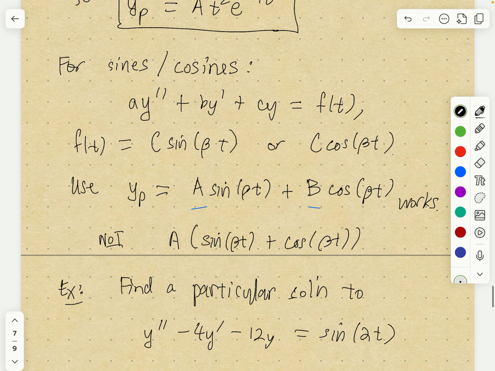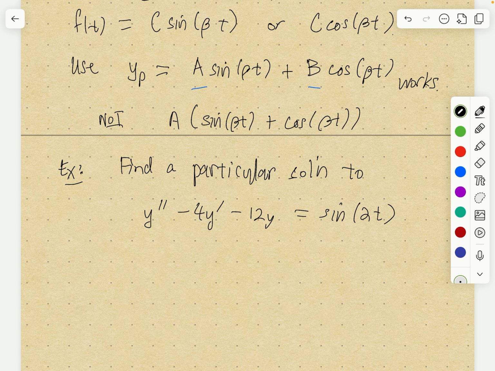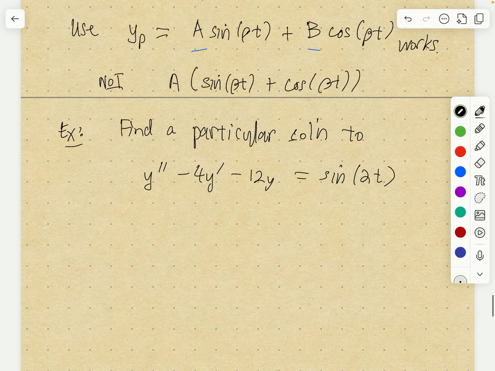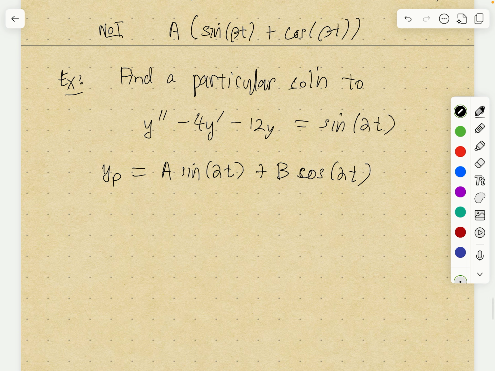Okay, so let's say if b and c are not 0. In this case, b and c are not 0, right? So our particular solution is going to look like yp equals a times sine of 2t plus b cosine of 2t.